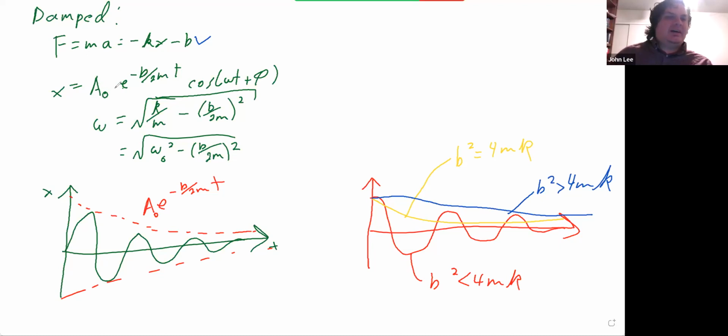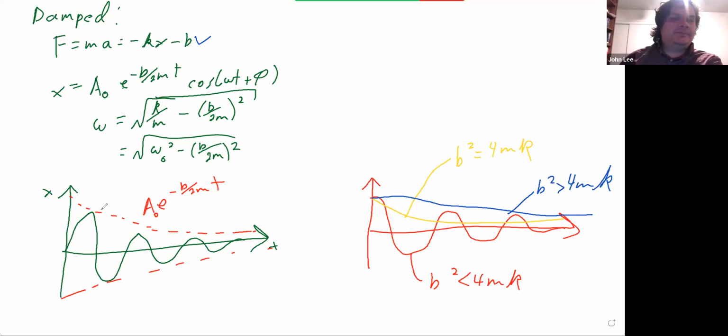But basically x of t becomes a naught e to the negative b over 2m t times cosine of omega t plus phi, where omega is the square root of omega naught squared, the original omega that we saw for the undamped case, minus b over 2m squared.